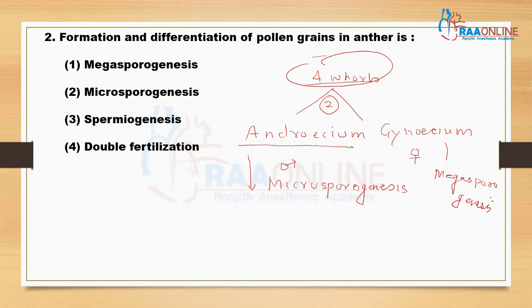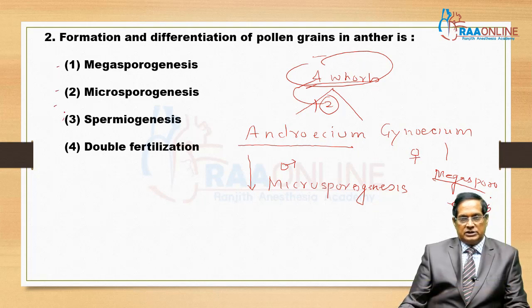So these 2 whorls are fertile. Out of 4 whorls, 2 whorls of the flower are reproductive. The male reproductive whorl, androecium, is related with microsporogenesis, that is formation of microspores, and whorl number 2 is concerned with megasporogenesis, that is formation of megaspores.